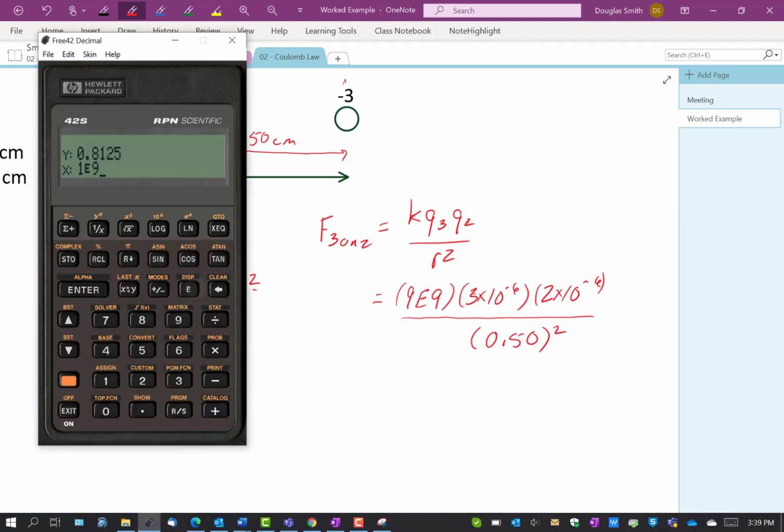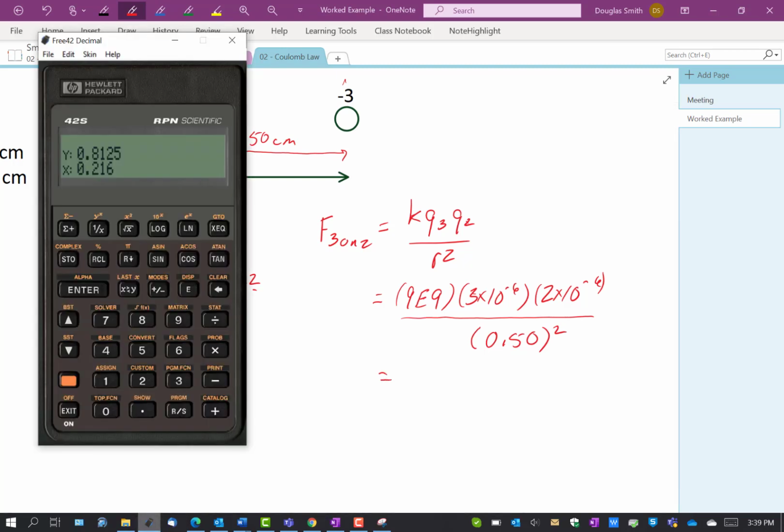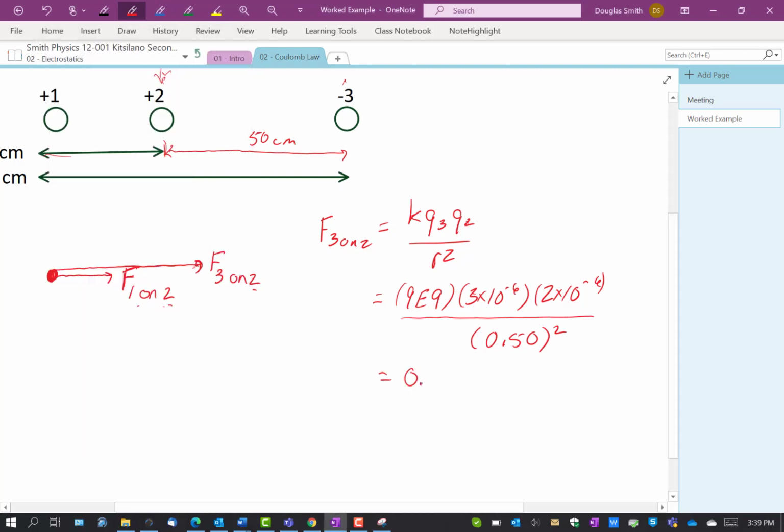So 9E9, 3E negative 6 times 2E negative 6 divided by 0.5 squared. So I get 0.216 newtons.